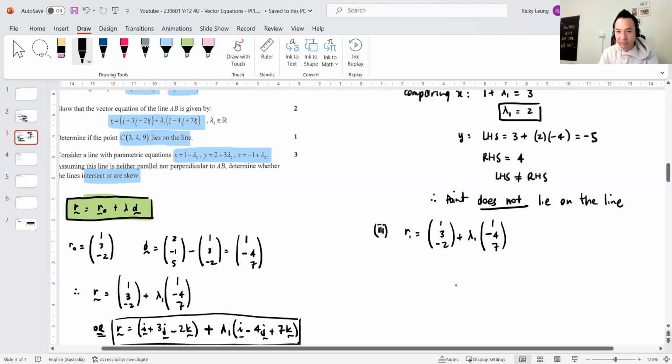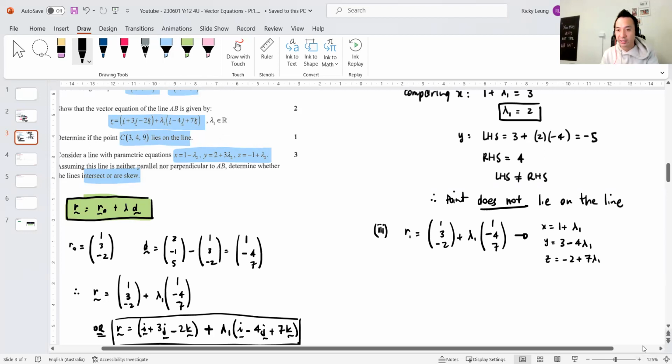So this one here, if I had to convert that to parametric, what they really mean is that the x value equals 1 plus lambda 1, the y value equals 3 minus 4 lambda 1, and z equals minus 2 plus 7 lambda 1, right?